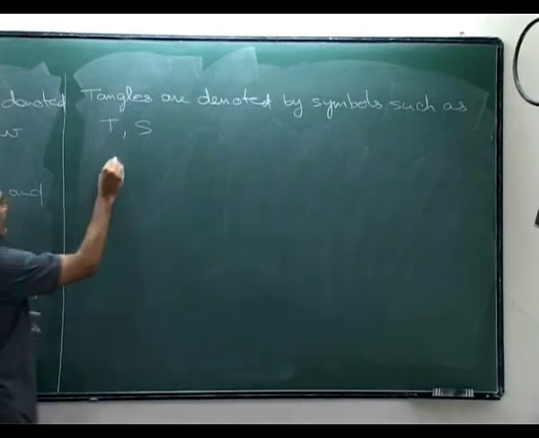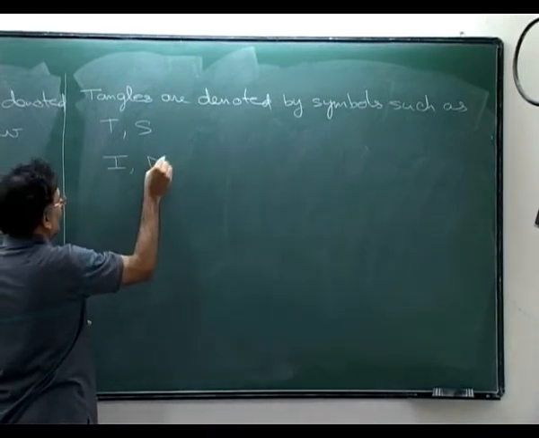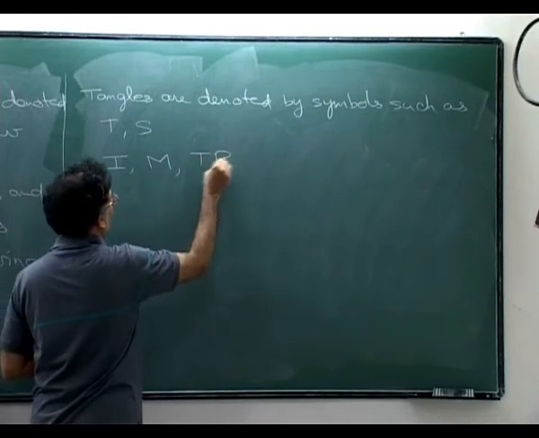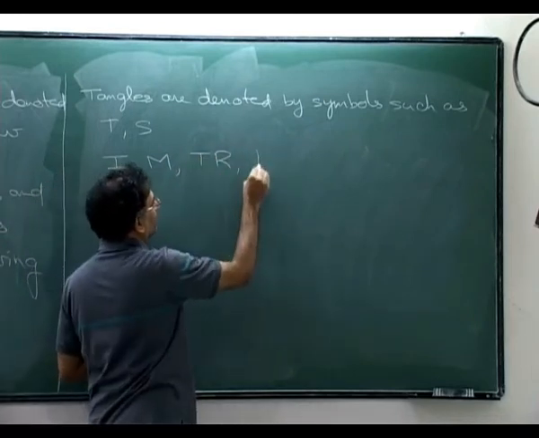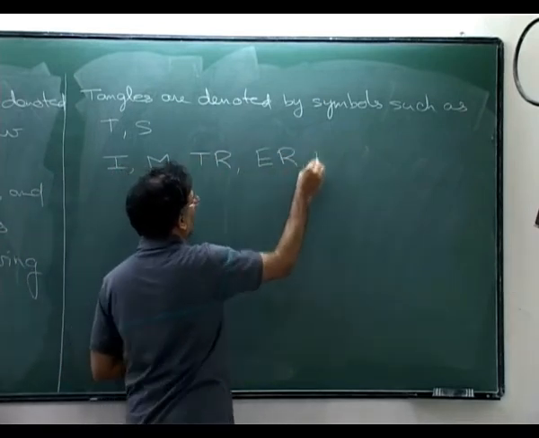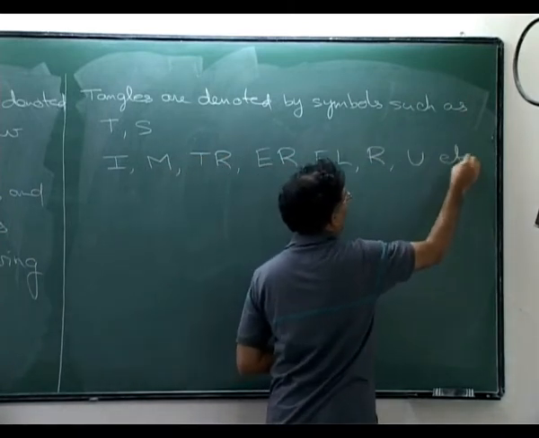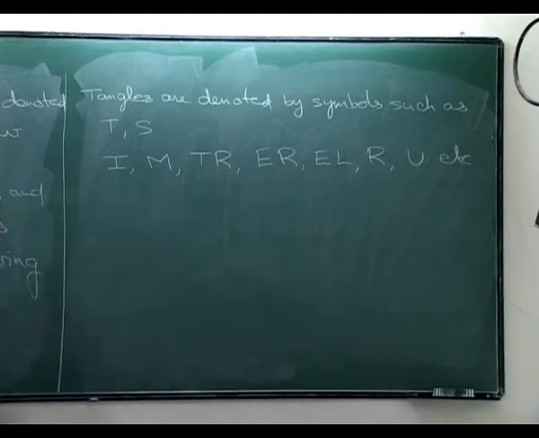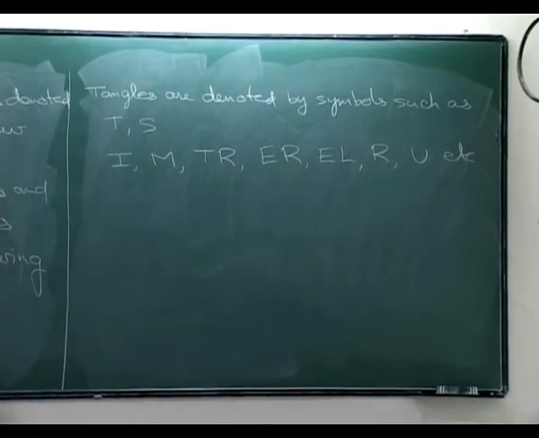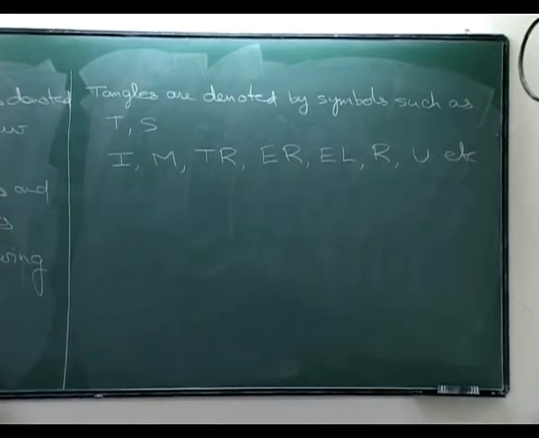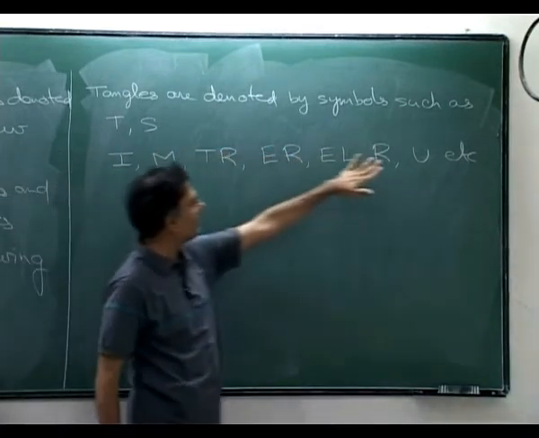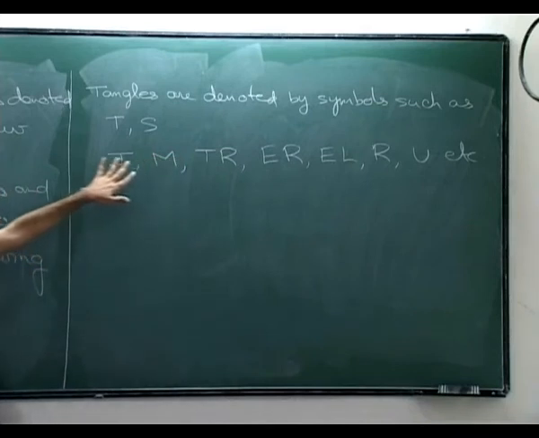So there are these tangles I, M, TR, ER, EL, R, U, etc. They are just common letter names, but I have listed those because those tangles are specifically important. This class of tangles that I will explain, we will need to understand each one of these tangles in some detail for what comes later.